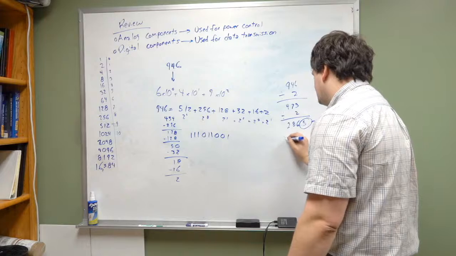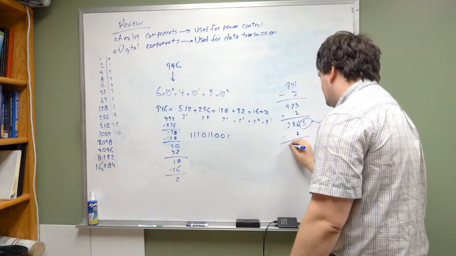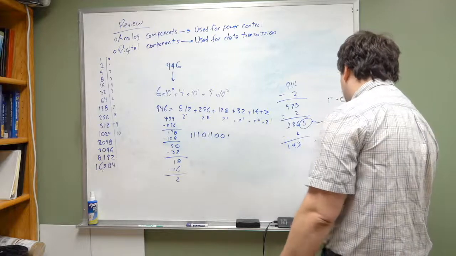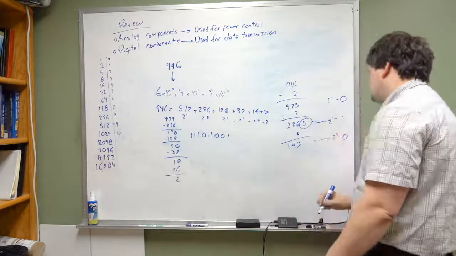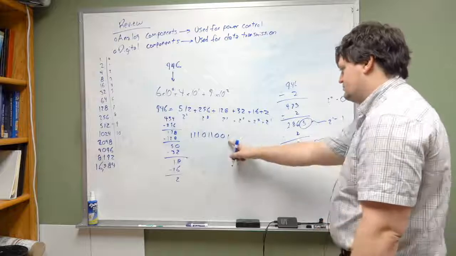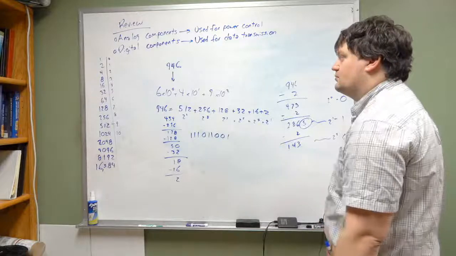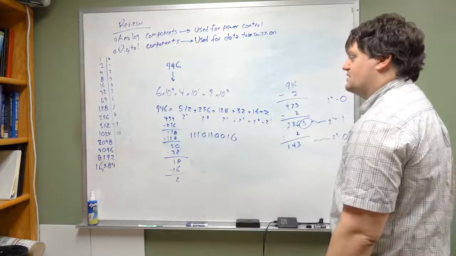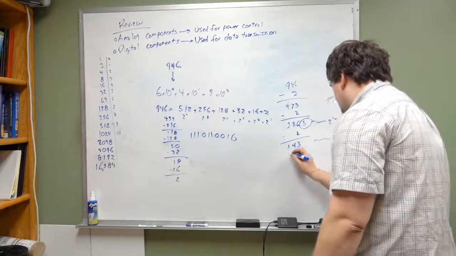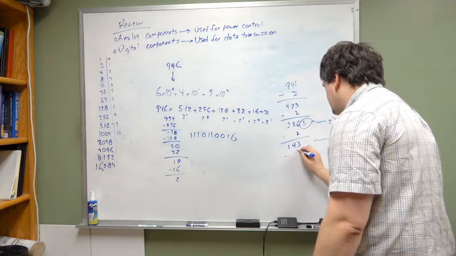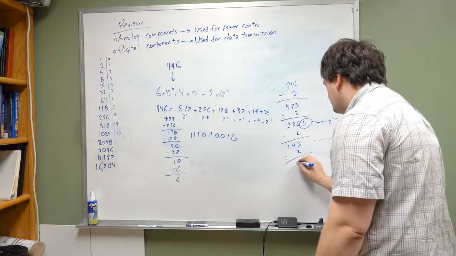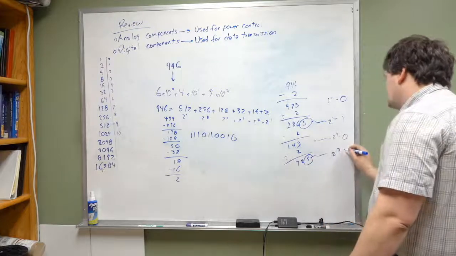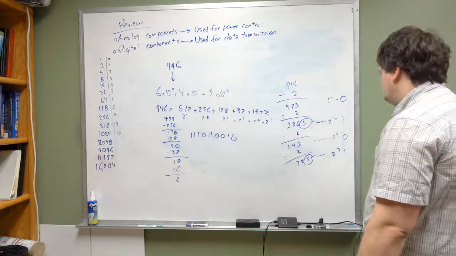So 286 divided by 2 is 143, which means that our 2 to the second is a 0. Oh, I didn't include a 0th place. I guess that takes 10 numbers. Divided by 2 means this is 72.5. We take that 0.5, and that means our 2 to the third value is a 1.